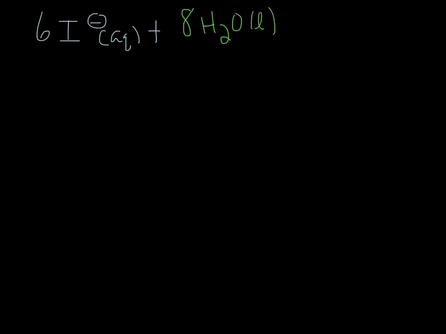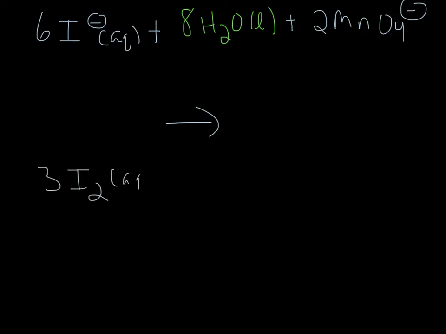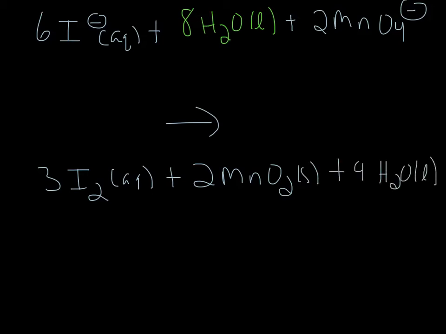So that came from the combination of my hydroxide and my protons, plus 2 MnO4 minus, and that goes to 3 I2 aqueous plus 2 MnO2 solid plus 4 waters that I already had, so this is a 4, plus 8 hydroxides.